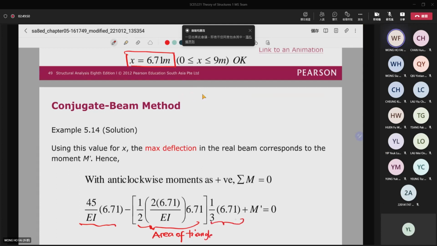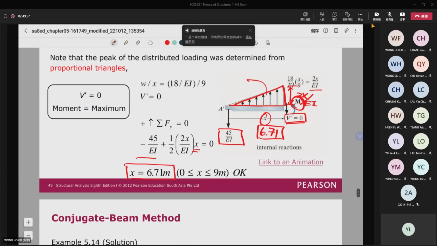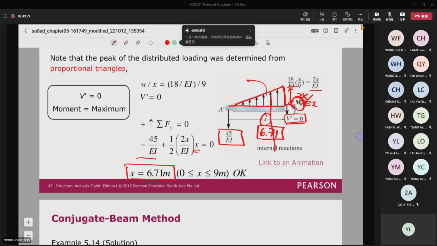And then this is the moment arm, one-third times 6.71.